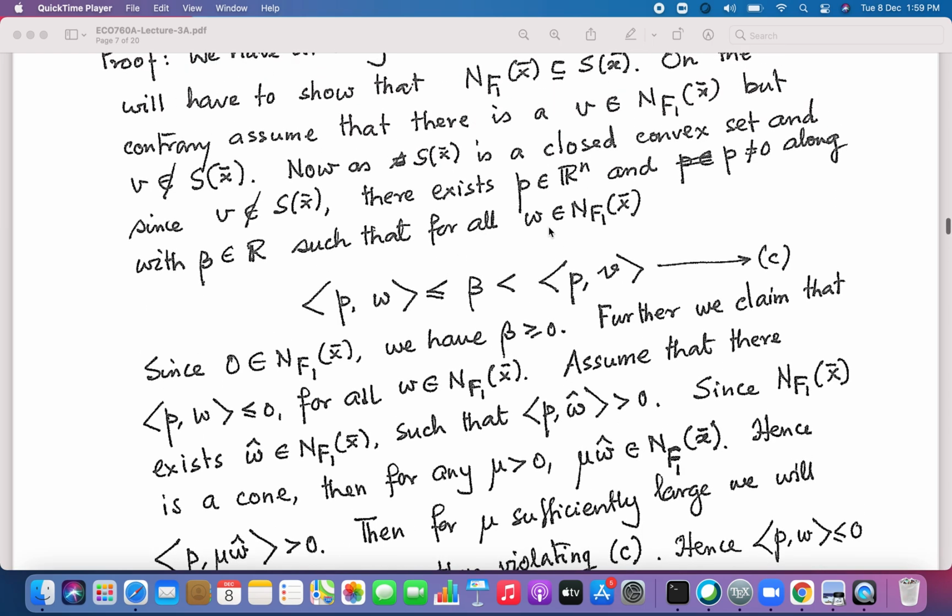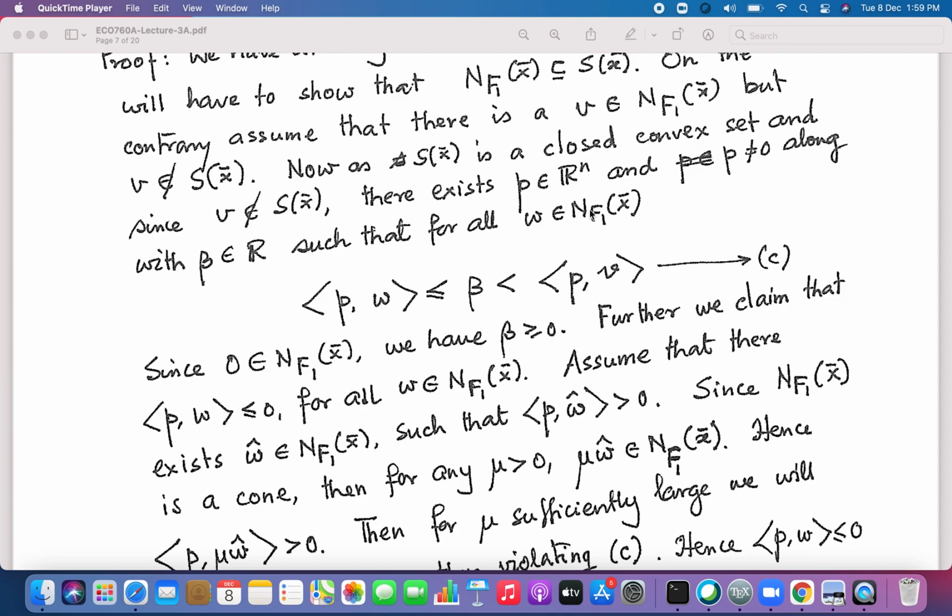So I'll just tell you the proof. I'll point out the error: in this particular proof it should be Sx bar and not NF1 x bar.